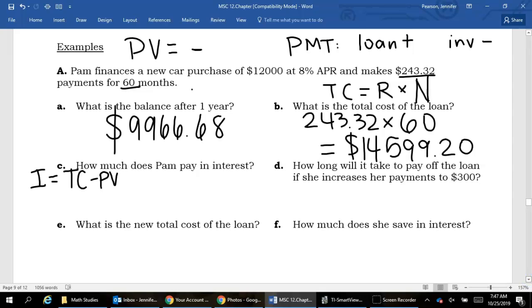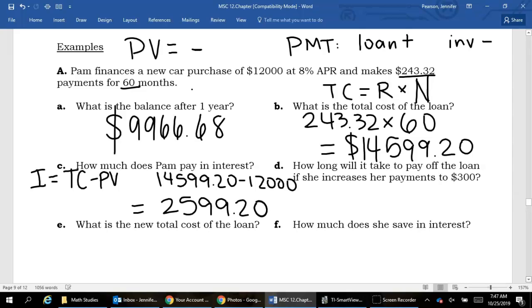So this will be 14599.20 minus 12,000, and that becomes $2,599.20. So when I pay back that $12,000 loan, I'm leaving $12,000 back to the bank for giving them the money in the first place, and then $2,599 was the fee, the interest charge for borrowing that money.